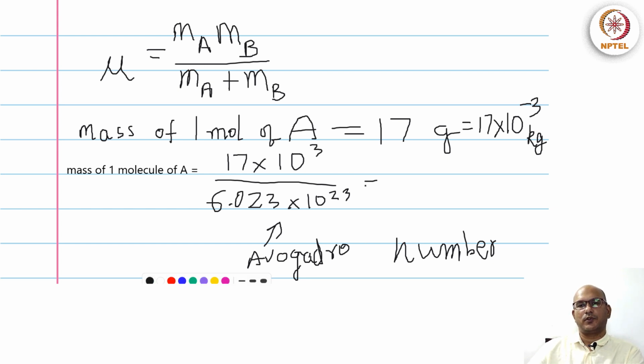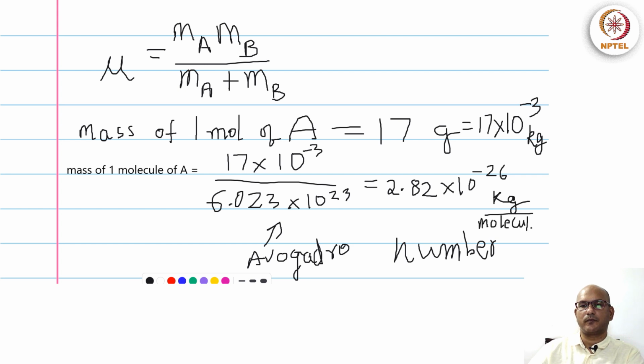So mass of one molecule of A will come out to be 2.82 into 10 to the power minus 26 kg per molecule.